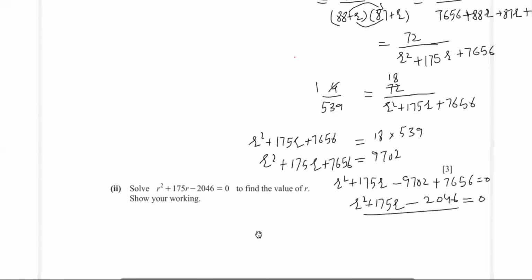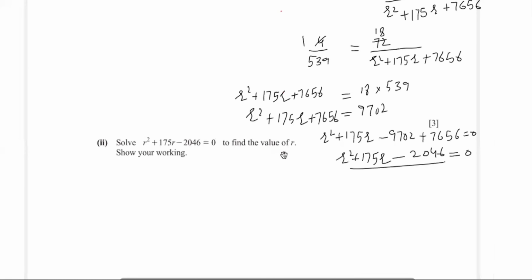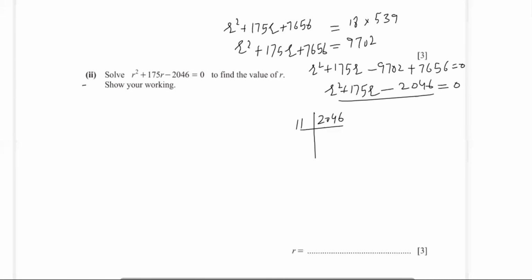Now, part second, solve the equation R square plus 175R minus 2046 equal to 0 and find the value of R. We write it here, 1 R square plus 175R minus 2046 equal to 0.